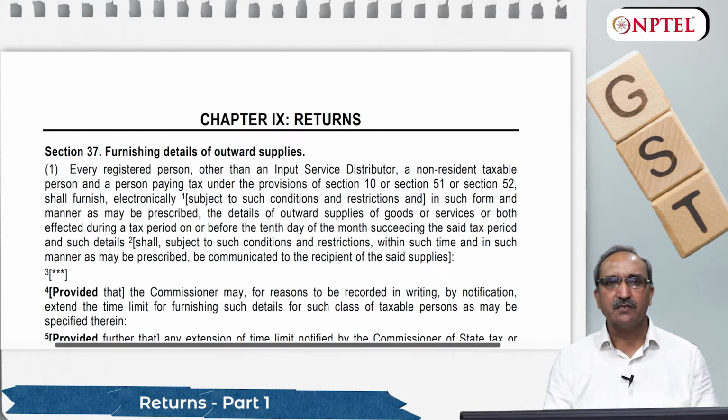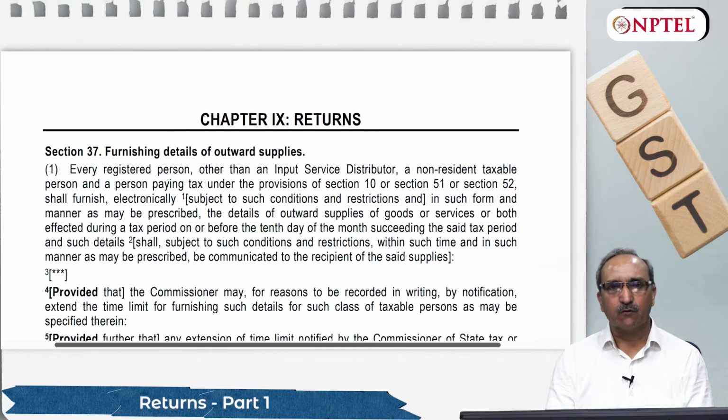So if I manufacture goods and then sell them in the open market through my marketing network, or if I am a trader, I purchase goods from the open market and sell these products as they are in the open market.